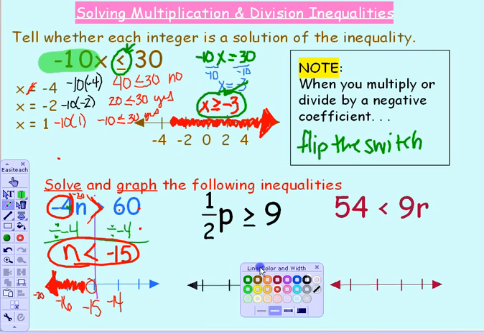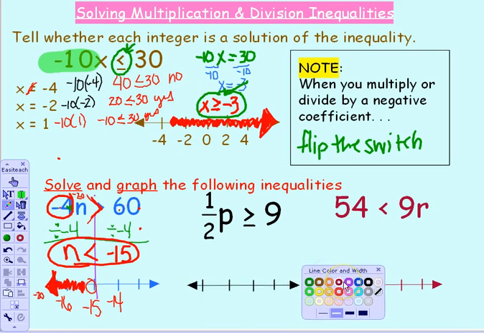In the second example, we have a 1/2 times p. Okay, when there's a fraction times our variable, we're going to multiply by the reciprocal or use division. In this case, the 1/2 is positive, so we're not going to have to flip the switch because it's a positive coefficient.